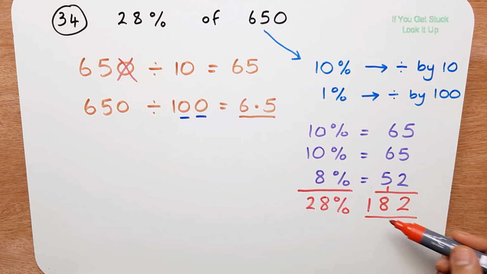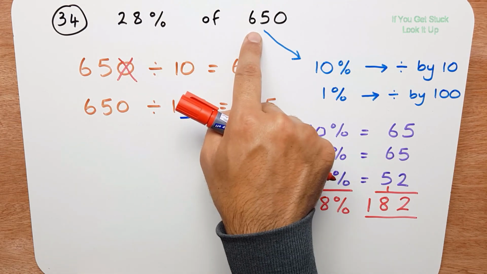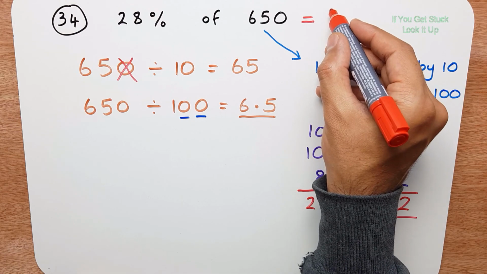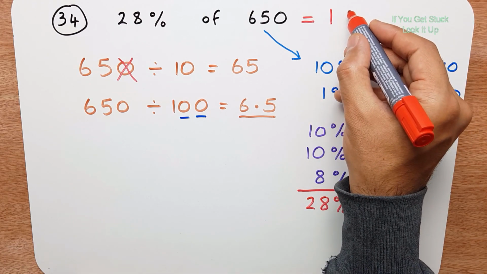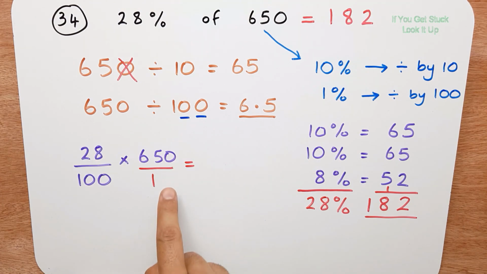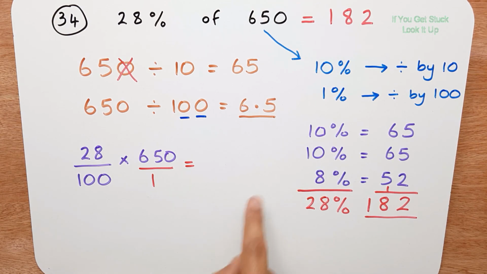So my answer is 182. So 28% of 650 is equal to 182. Now, if you decide to do the question this way or this way, it doesn't matter, as long as you're careful and you show your solution.